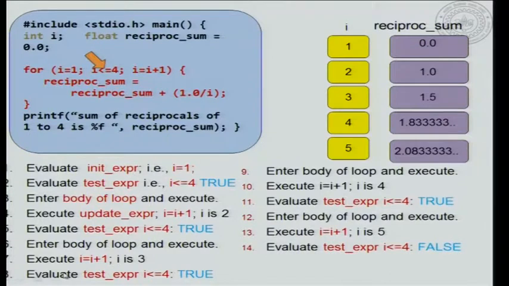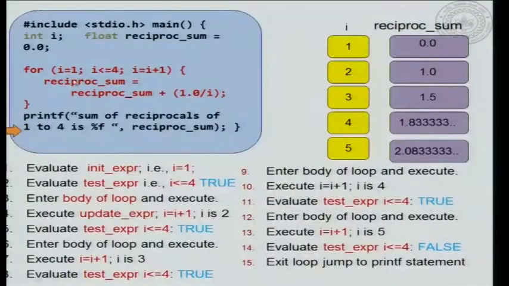At this point 5 is not less than or equal to 4, so you exit out of the for loop. Okay. Now you print that the sum of reciprocals from 1 to 4 is reciprocal sum, which is 2.0833. Okay. So even though the for loop looks complicated, once you start using it, it's very nice to write.